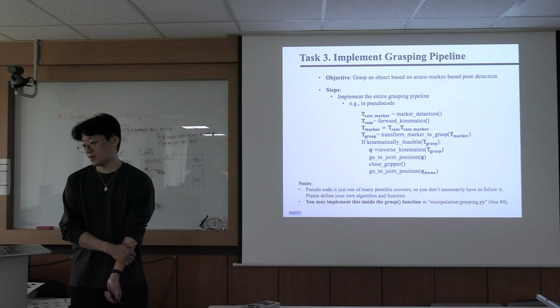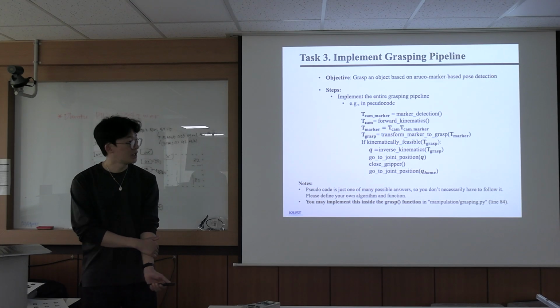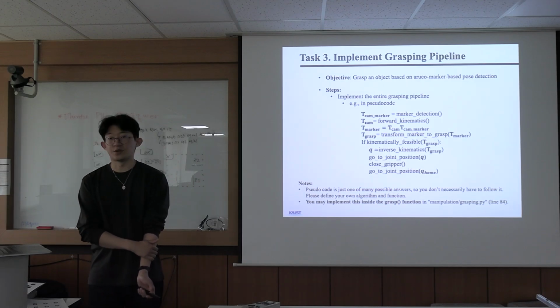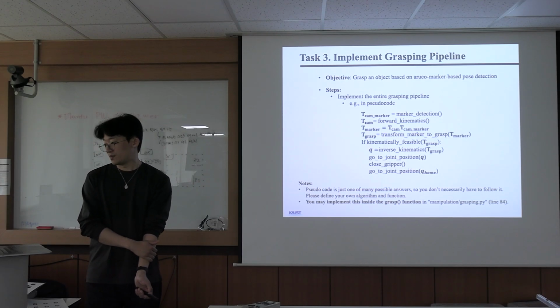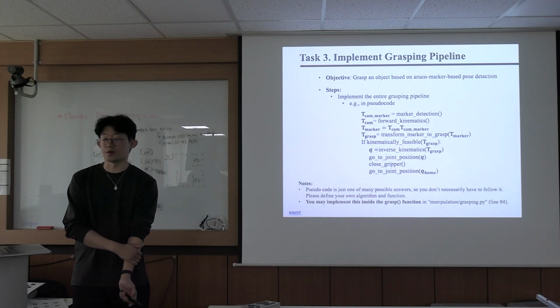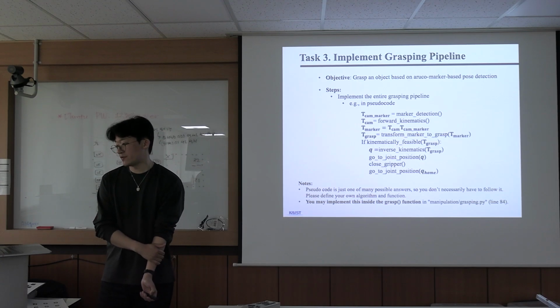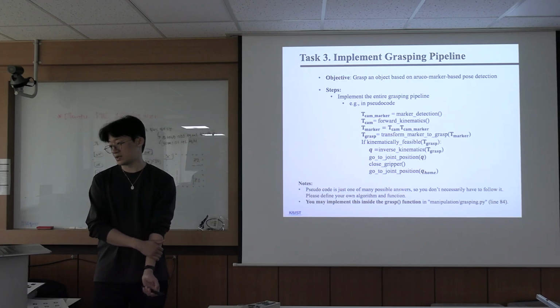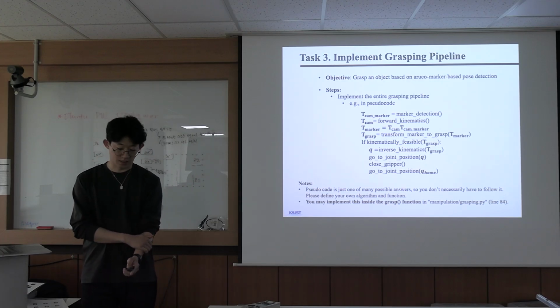This is the grasping pipeline. You can follow the pseudocode or design your own algorithm. Please note that the ArUco marker's pose is different from the grasping pose, so a transformation is required. So please make sure to check this transformation process carefully.